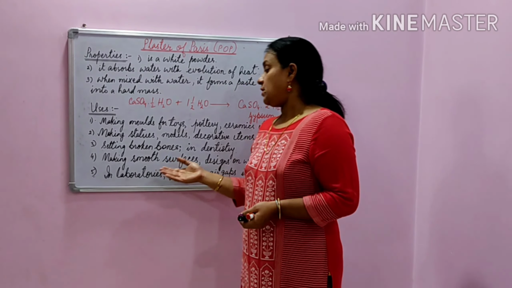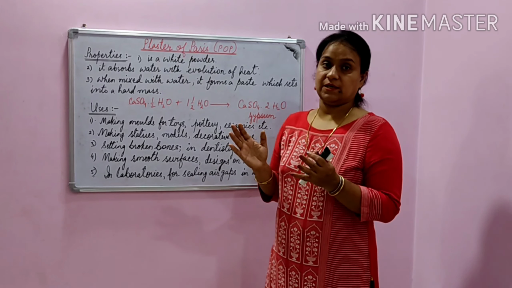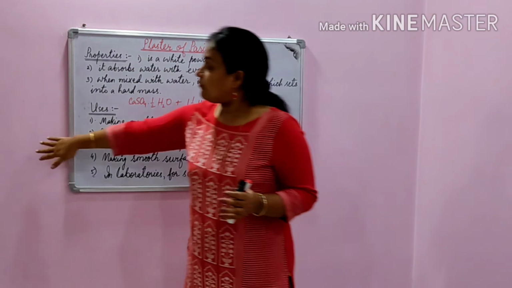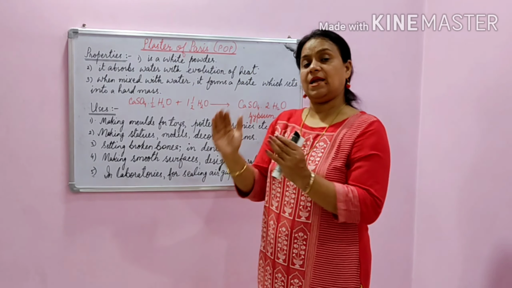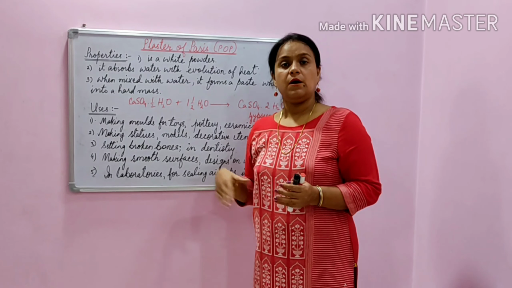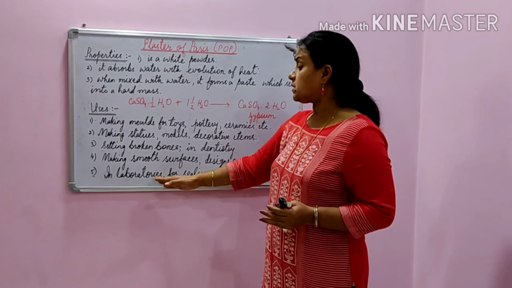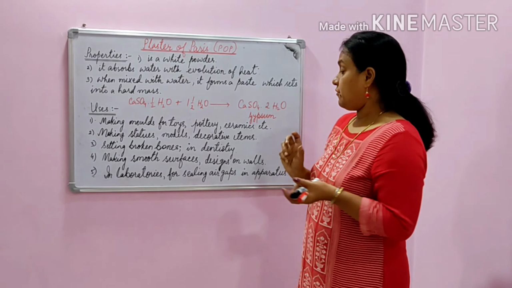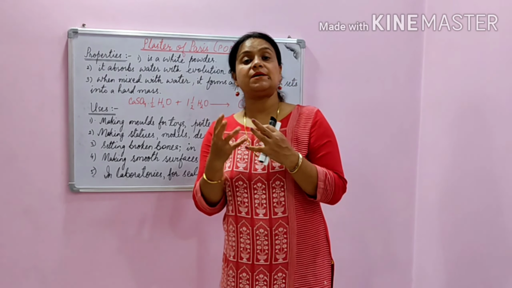Another use of it is for making smooth surfaces and designs on walls. Before putting paint on these walls, POP is applied. So after applying POP, the wall becomes smooth, and then we can easily apply paint on it. It is also used in laboratories for sealing purposes, for making apparatus airtight.